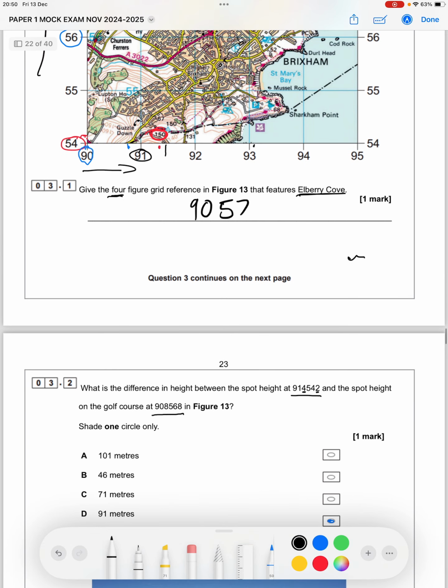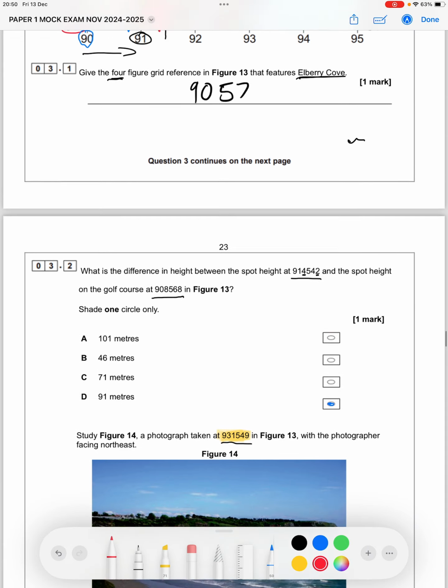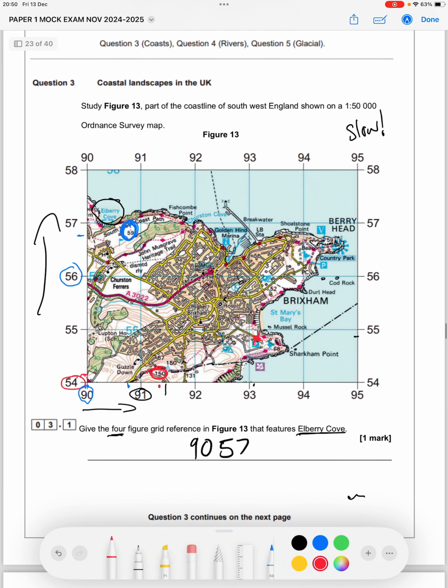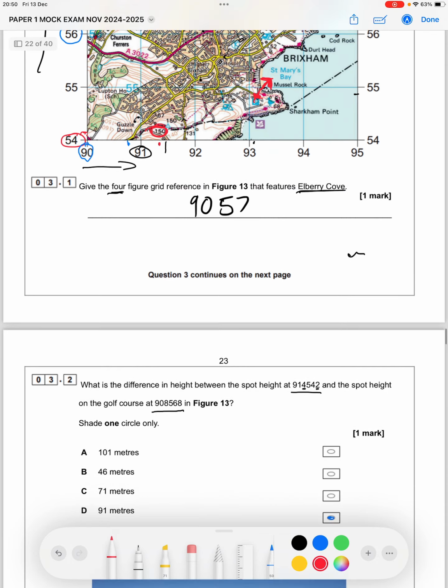And 54.9 is about there. So if you join those two lines, that tells us that our photographer is about there. Okay, and we know that they are facing northeast. So the photographer is facing in that direction. Okay, so we know that now.